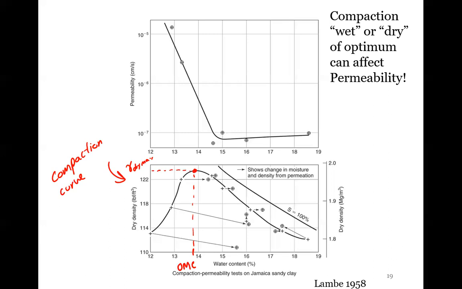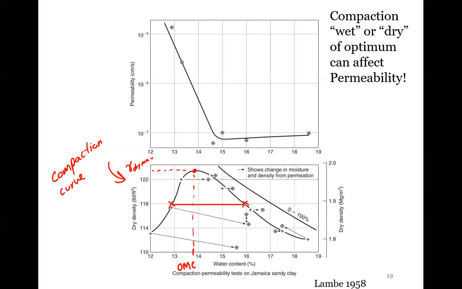And then I also talked about last class how it's hard to get exactly at the optimum moisture content in the field. So we usually have an acceptable range, so like 95% or something. So if we have that 95% criteria right here, that means there is acceptable ranges of moisture.